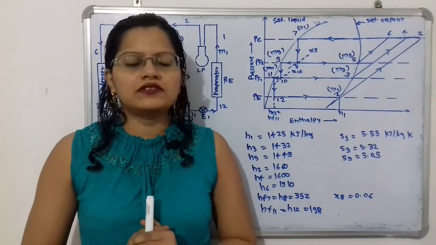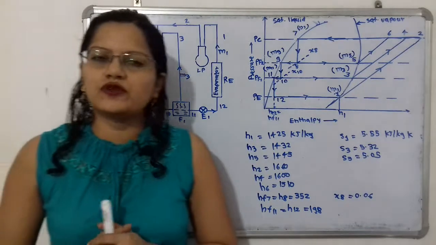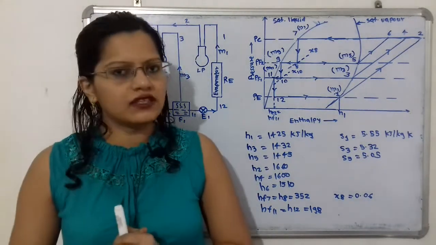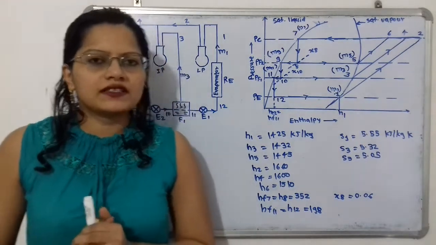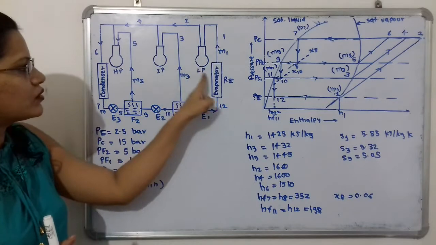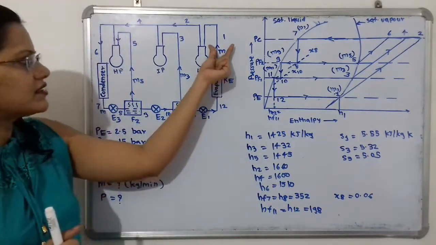We have to first find out the enthalpies at the different points during the processes taking place in this three-stage compression system. We will consider point 1, where the refrigerant is entering the low pressure compressor. What is the state of this refrigerant?